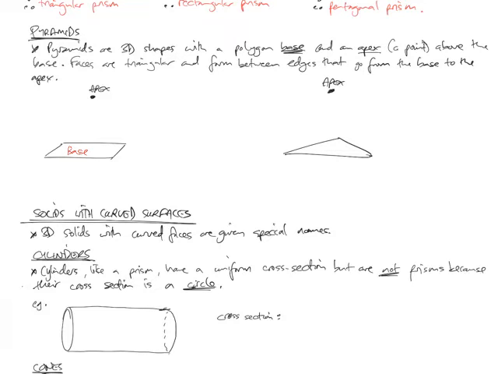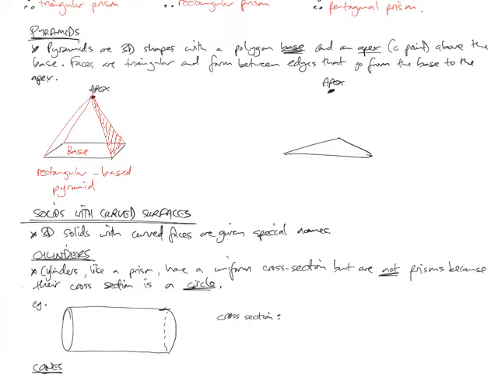So in a pyramid, edges are formed going up from the base to the apex, and you'll notice that these faces are all triangular. So that is a rectangular based pyramid.